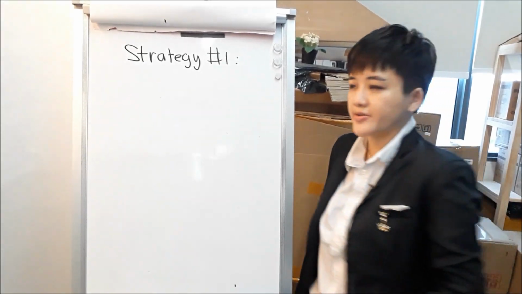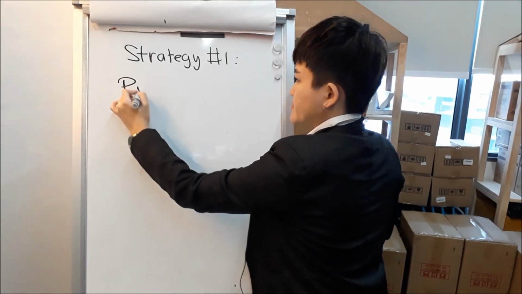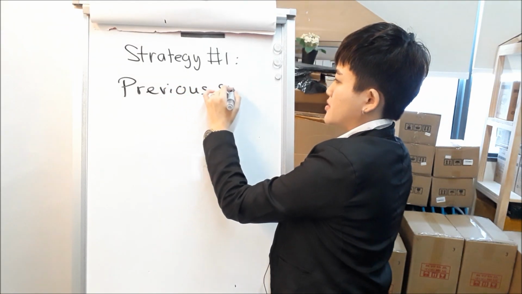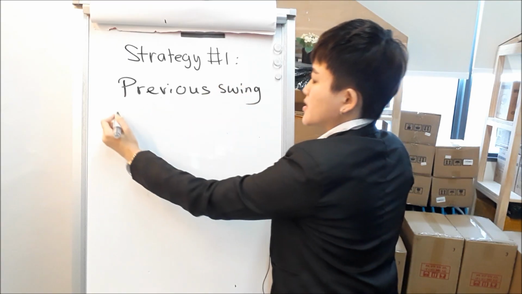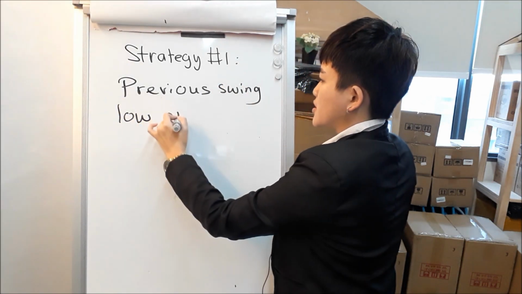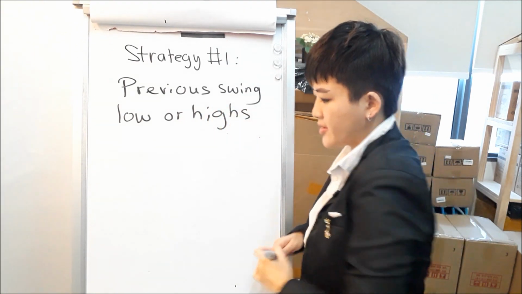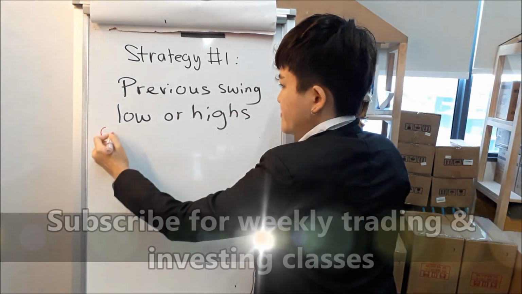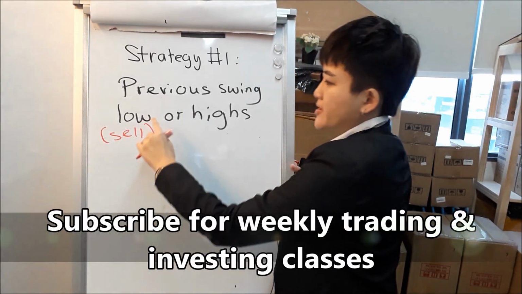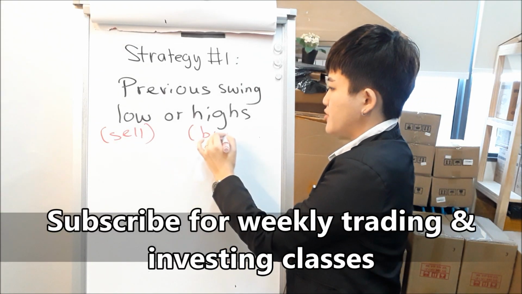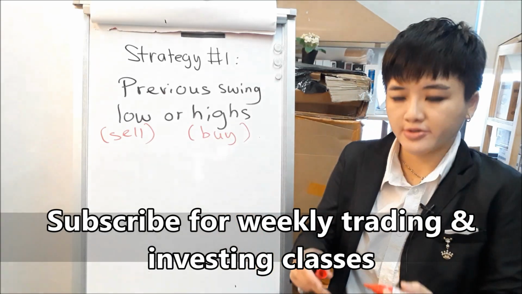Okay, first strategy is you can TP based on the previous swing low or high. So if you are shorting today, you would TP at the previous swing low. If you are buying today, then you would TP at the previous swing high.